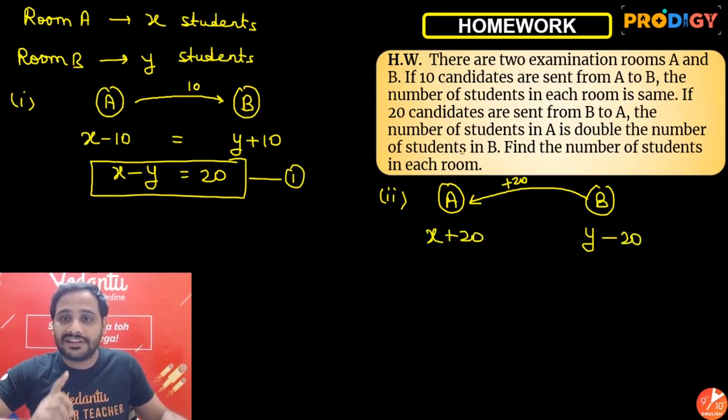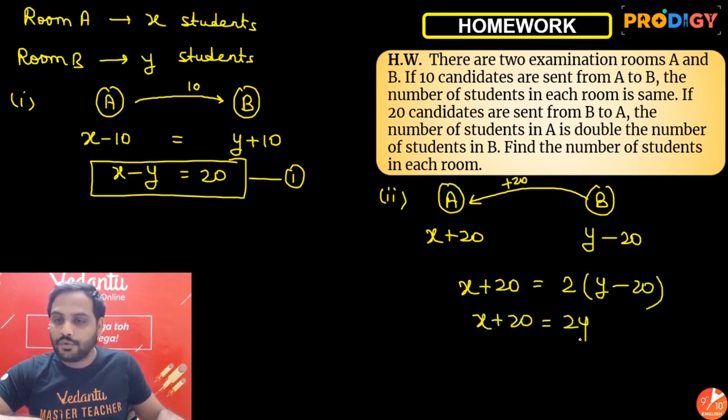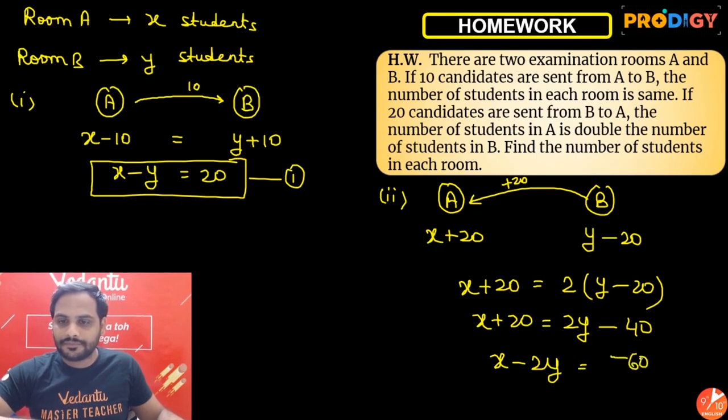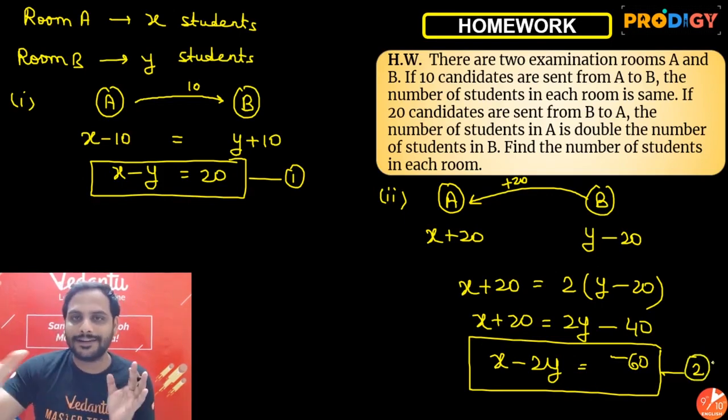Then they are saying the number of students in A is double the number of students in B. That means in A there are X plus 20 students, and this is double the number of students in B. So you'll get X plus 20 is equal to 2Y minus 40. So it will be X minus 2Y is equal to minus 60, shifting 20 over there. These are my 2 equations.